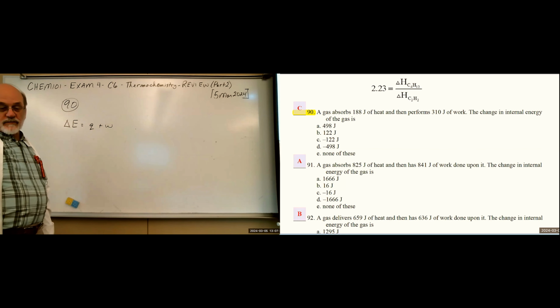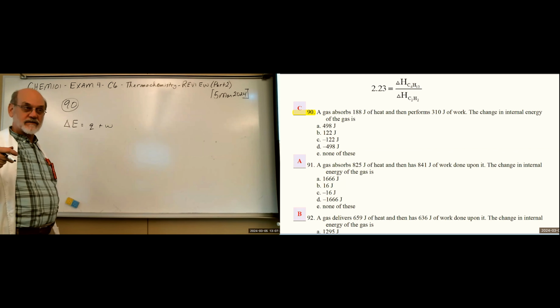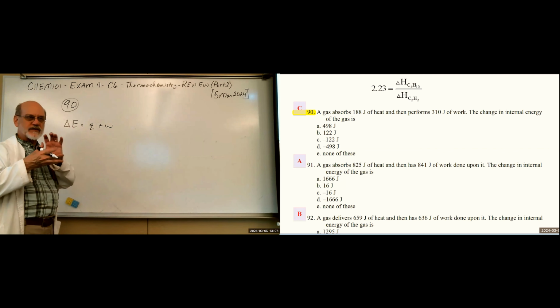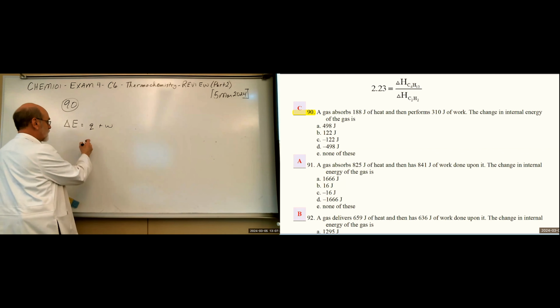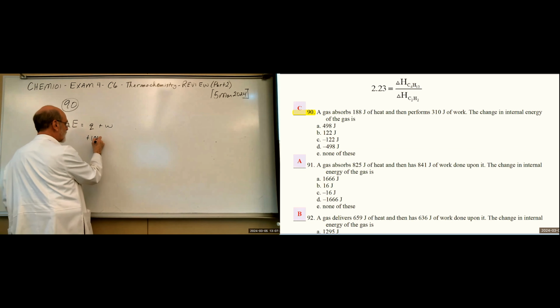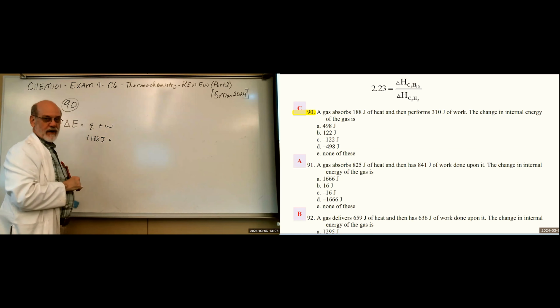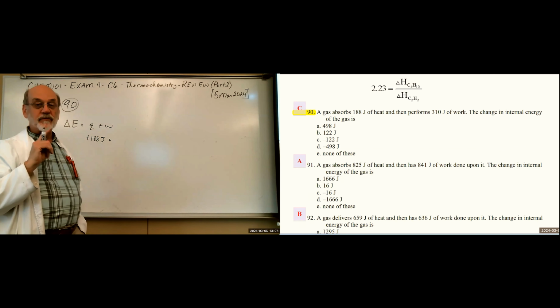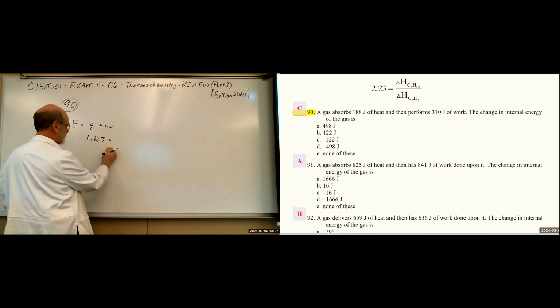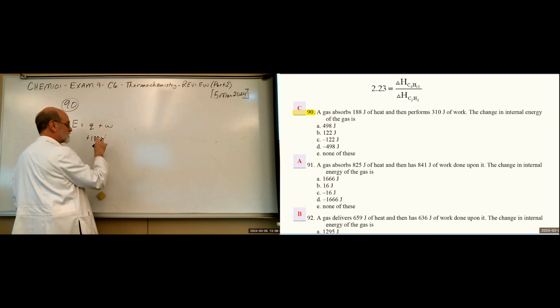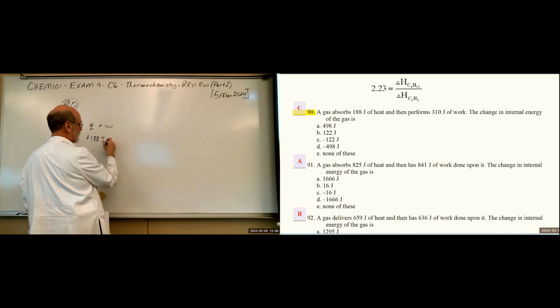So if the gas absorbs 188 joules, that means it's a positive value, right? Everything is referenced to the system. The gas receives that much energy, so the heat is plus 188 joules. How about work? Then it performs 310 joules of work. That's negative. If it performs work on its surroundings, it's losing that work from its internal energy.